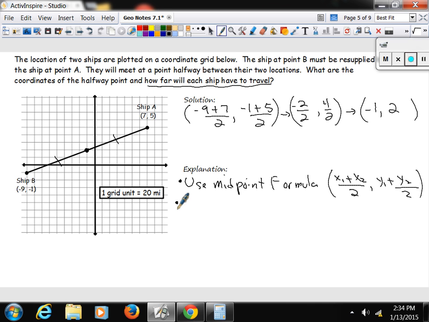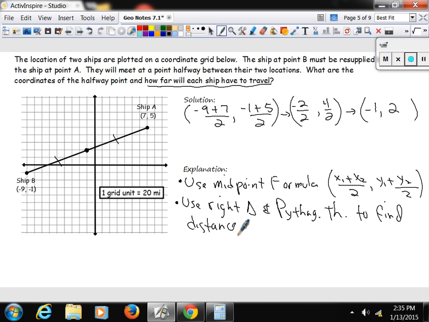So to find that, we're going to use right triangle and Pythagorean theorem to find distance. Now we could have used the distance formula.